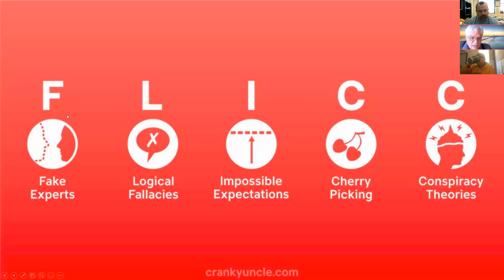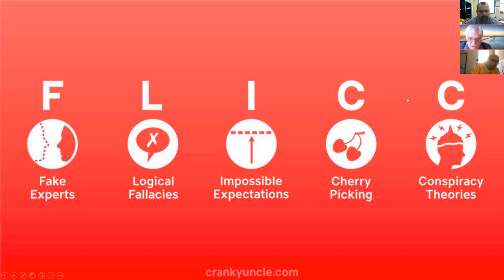Well, here is FLICC, a term that people have come up with to kind of conceptualize the science denial. So you can see it's an acronym for fake experts, logical fallacies, impossible expectations, cherry picking, and then conspiracy theories.